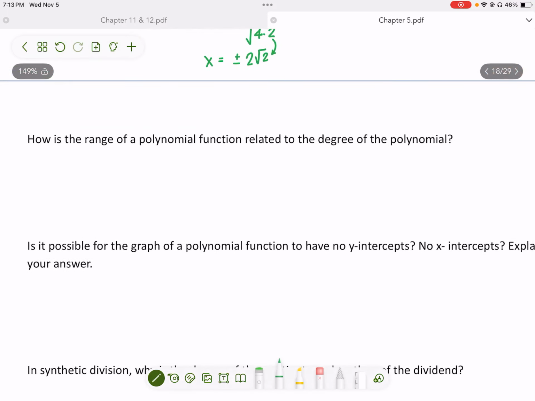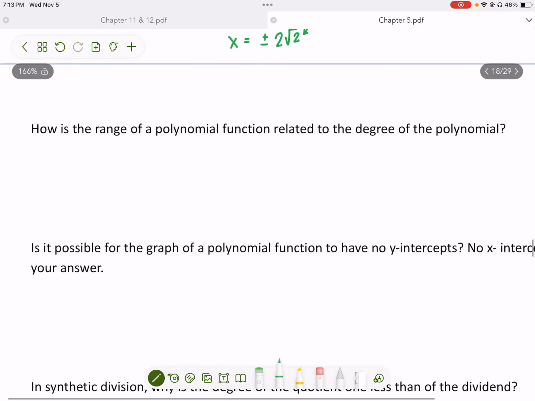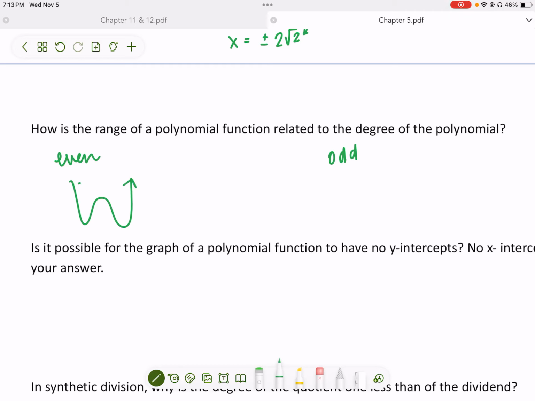Moving on. How is the range of a polynomial function related to the degree of the polynomial? So this really brings you back to thinking about your even versus your odd functions, right? Remember that even functions look something like this and can have more hills and valleys, but odd functions will always have opposite ending directions.